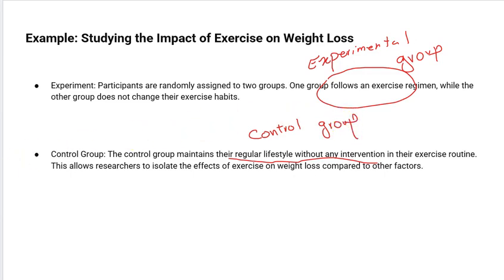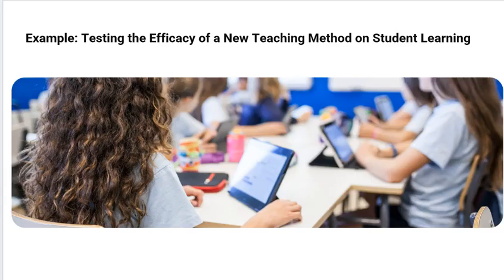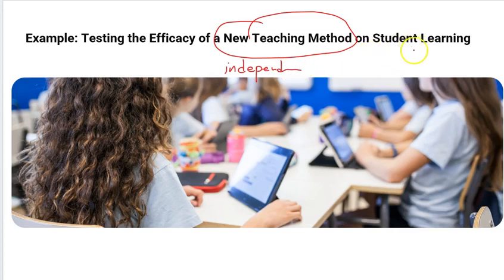So let's do another one. Now we're testing the efficiency of a new teaching method on student learning. One more time, the new teaching method is the cause. It's going to be tested, so that is our independent variable. And what would be our dependent variable?